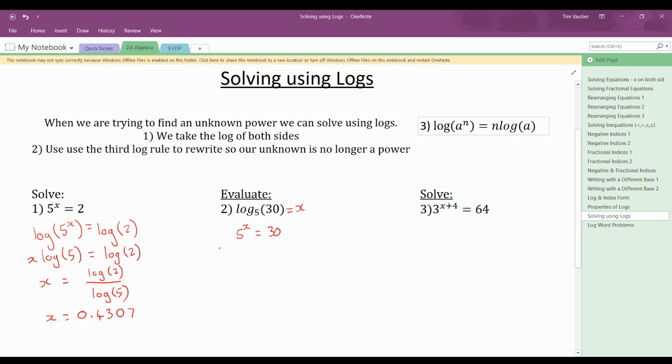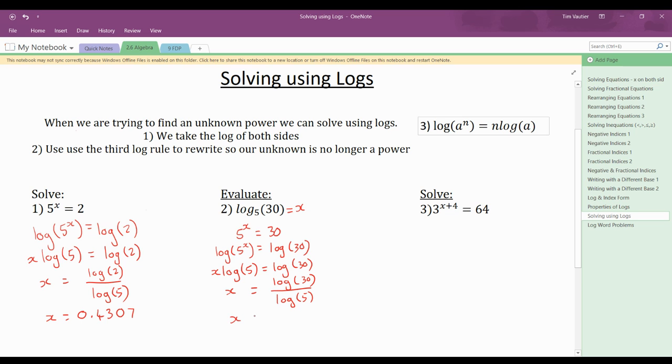Now taking the log of both sides, log of 5 to the power of x being equal to log 30, bringing the power down in front of log, we'll have x log 5 equals log 30, and now dividing through by log 5, we'll have log 30 divided by log 5.